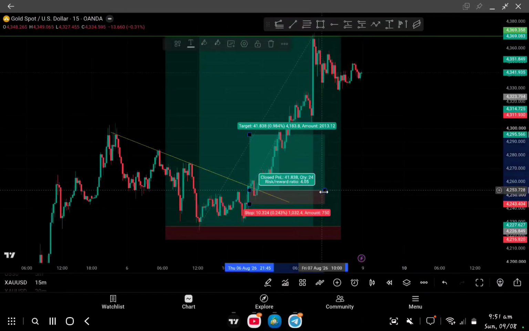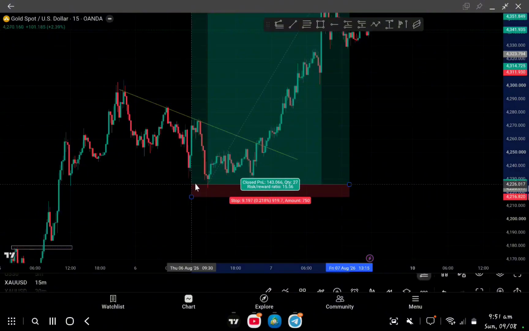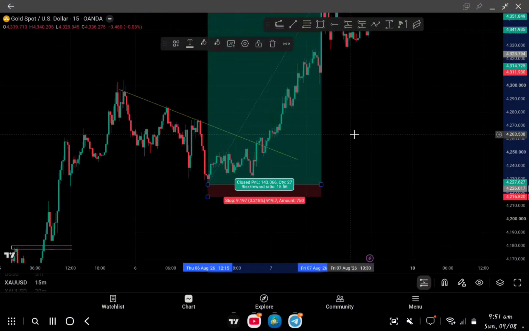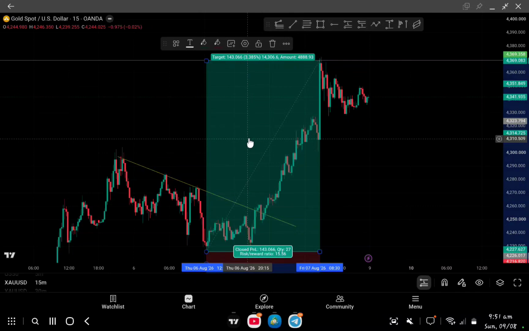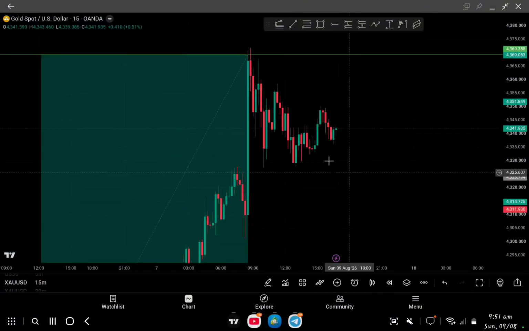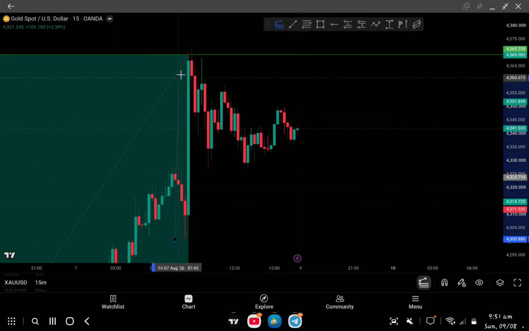But this was my early zones, but I entered in this zone and grabbed 1400 pips, and I entered on Friday in this zone after the news.